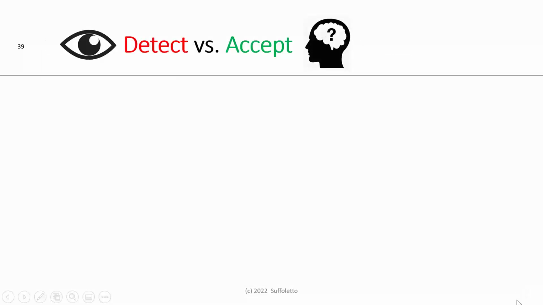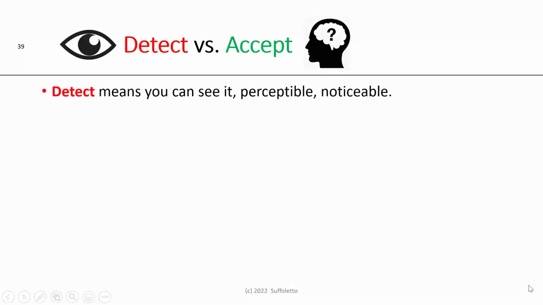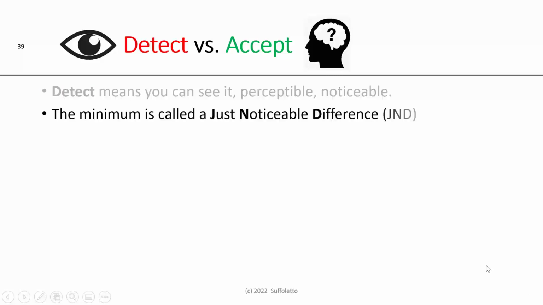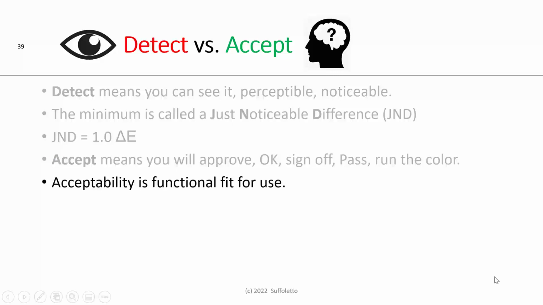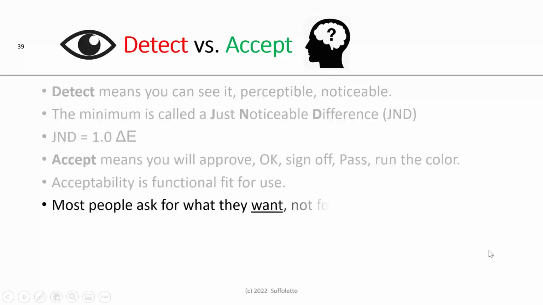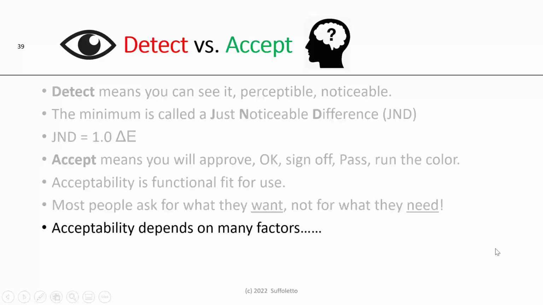Now, let's compare detect versus accept. Detect means you can see it, it's perceptible, it's noticeable. The minimum is called just noticeable difference, or JND, and it's typically a delta E of 1. Accept means that you approve it, you will okay it, you'll sign off on it, you'll pass it, you'll run that color. Acceptability is a functional fit-for-use characteristic. Most people ask, unfortunately, for what they want, not for what they really need.